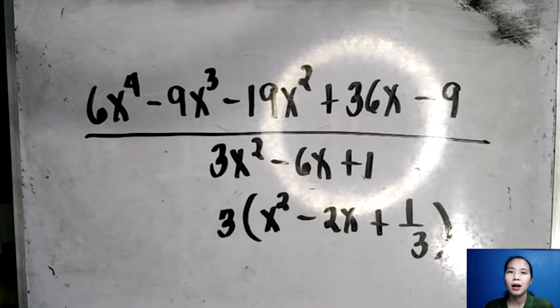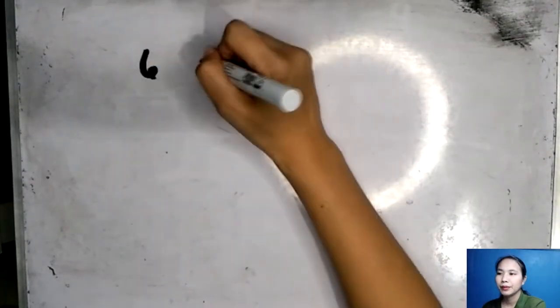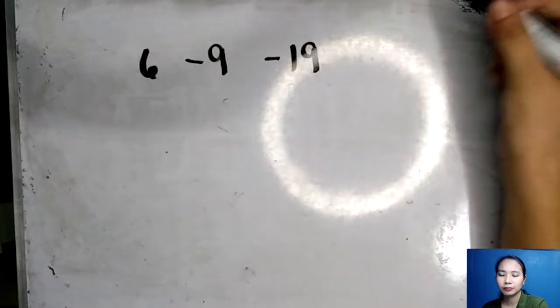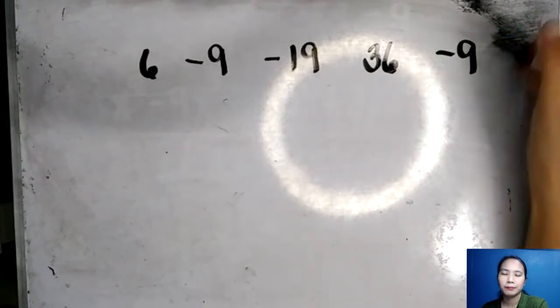The next step ay kunin natin ang ating numerical coefficients at ilagay sa unang row. So we have 6, negative 9, negative 19, 36, negative 9.